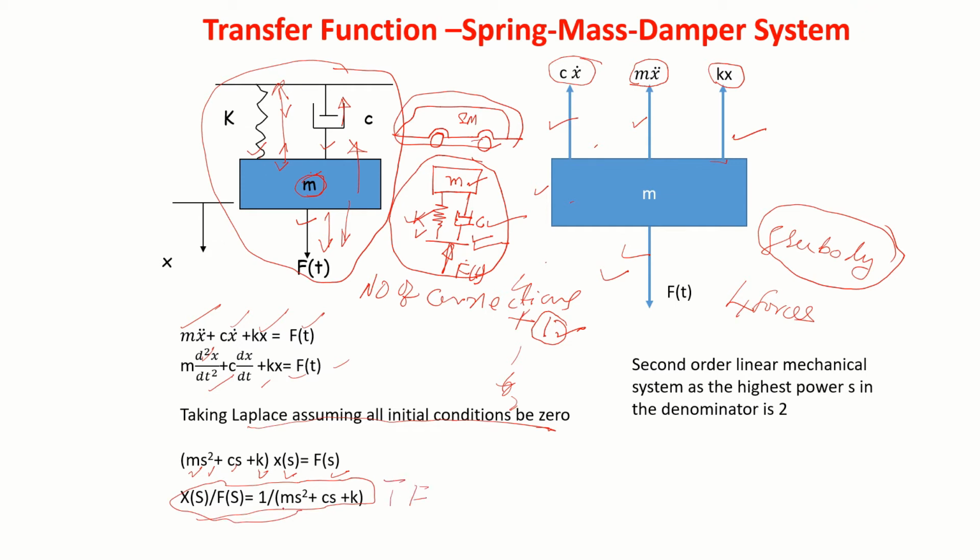And you see, the highest power of s in the denominator is 2. So it is a second order linear mechanical system. Okay, this is how you have to find the transfer function model and differential equation.